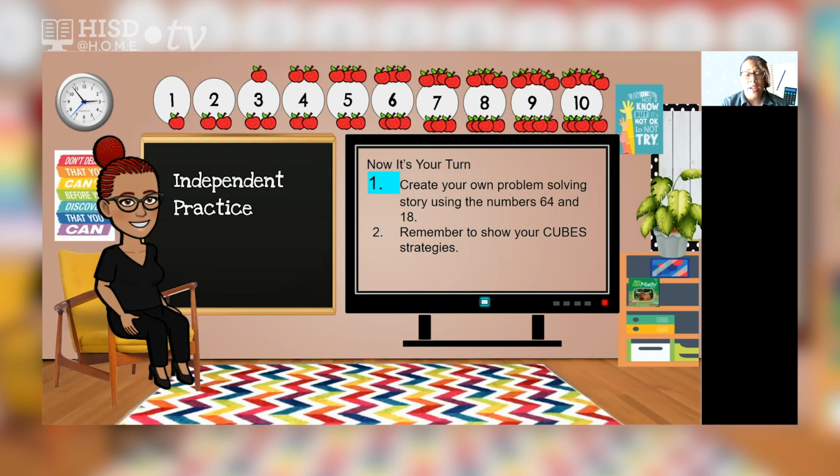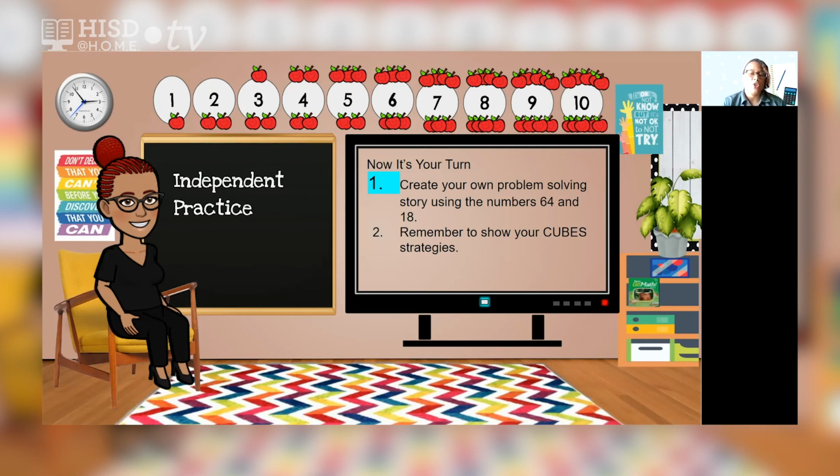And again, you know I love to give you a challenge. So second grade superstars, if you are really up for a push, then you can create an addition and a subtraction story. Make sure you show how you modeled to get your answer. Don't just give me an answer.